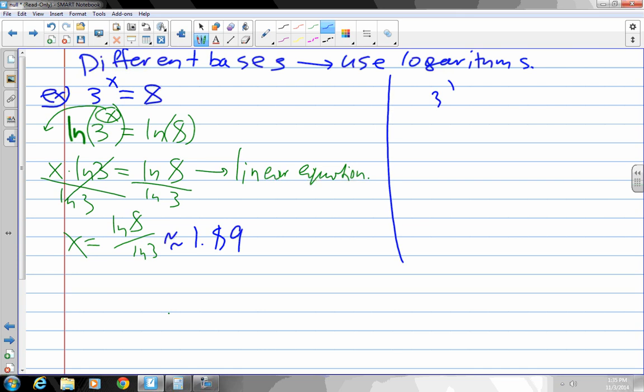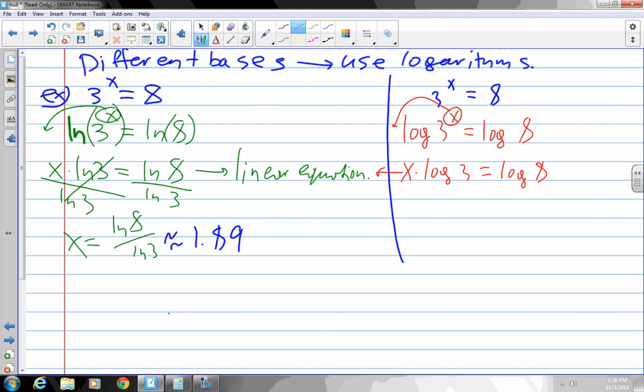So yeah, if I had a different personal preference, I could have used the common log. I could have started with 3 to the x equals 8, and then take log of both sides. Nothing wrong with that. The little x will still fall out. x times log of 3 equals log of 8. Still a linear equation.